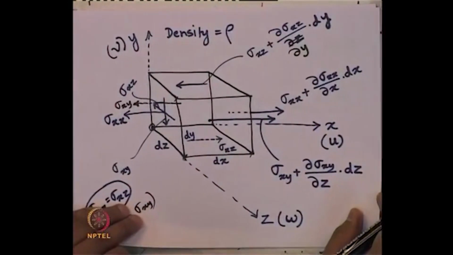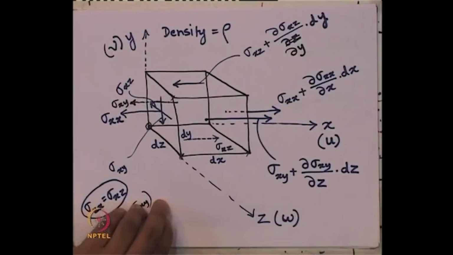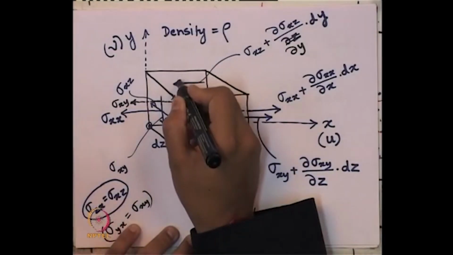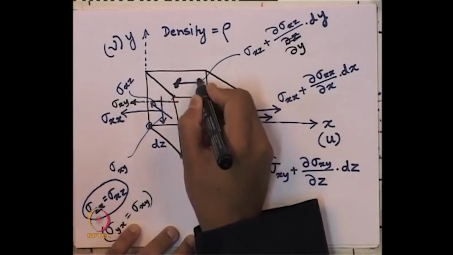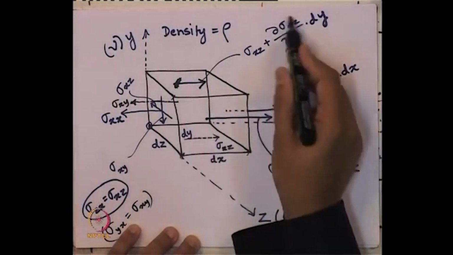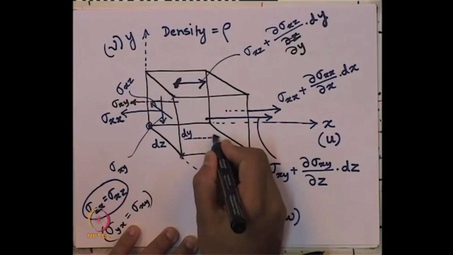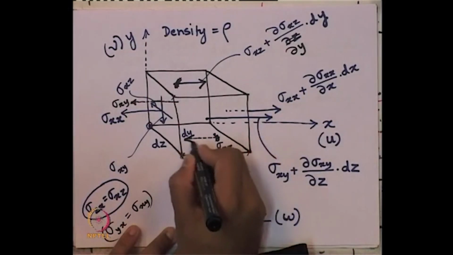Another force, let us look at here. We have taken, actually the direction will be different. In the positive direction it is increasing. So, the incremental portion should always be in the positive direction, and this should be in the negative direction.